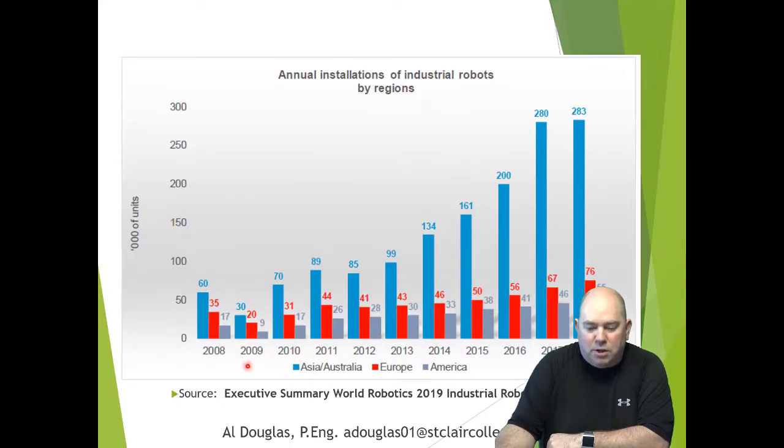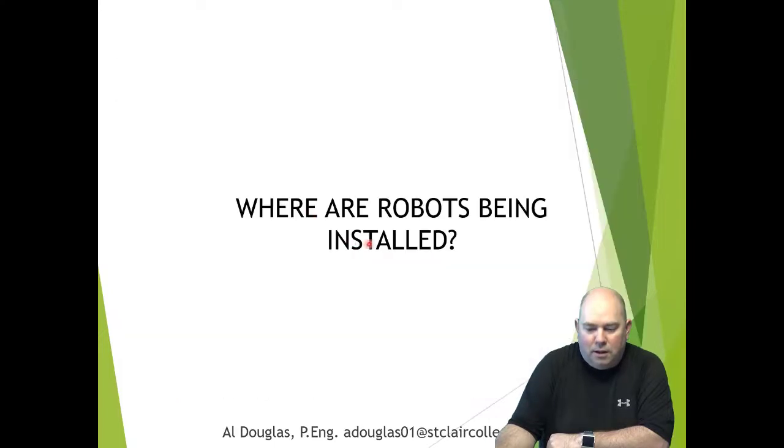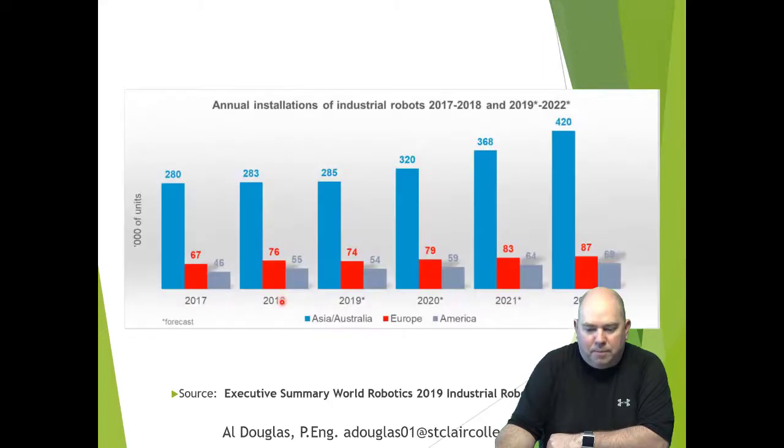And by region, so where are these things going? Where are robots being installed? You can tell that by region. Definitely going to Asia, Australia. You can see that is the blue column here.